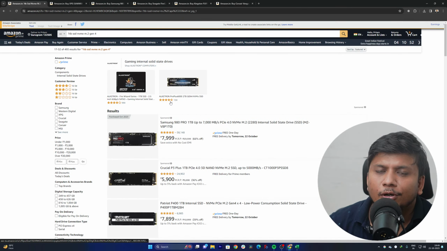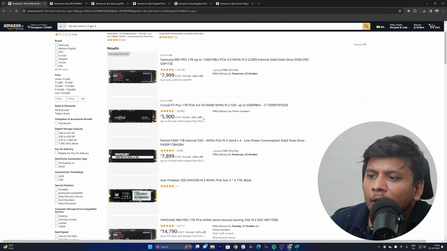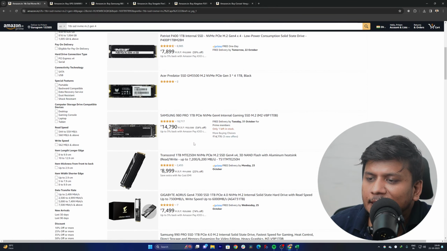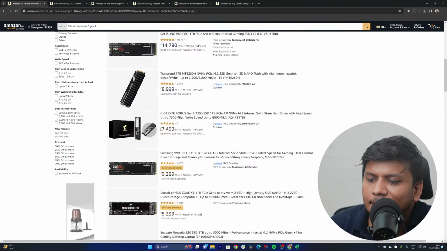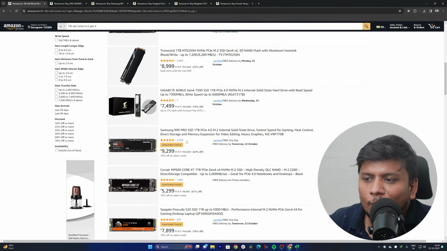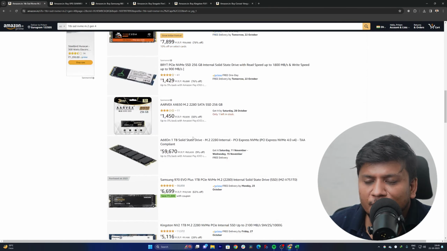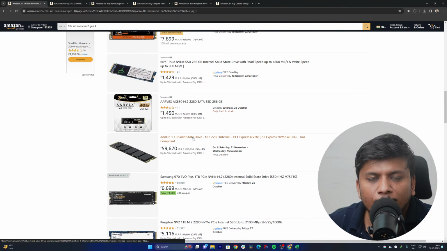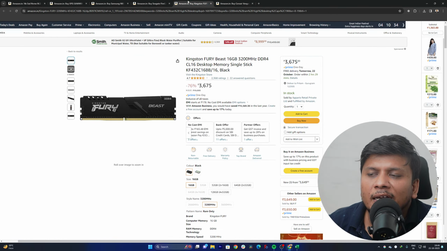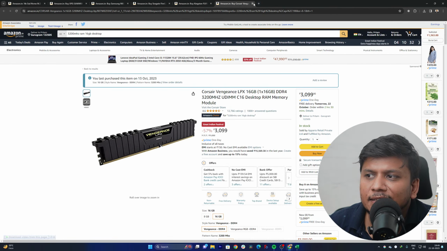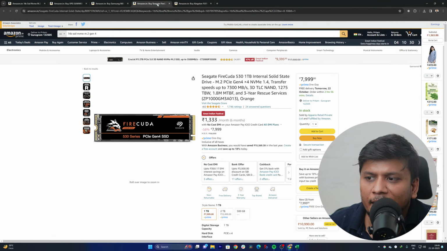So when we talk about all these SSDs that I am selecting, they have almost a similar type of specs, whether we talk about their performance or their endurance rating. They all are rated for 600 terabytes of life.